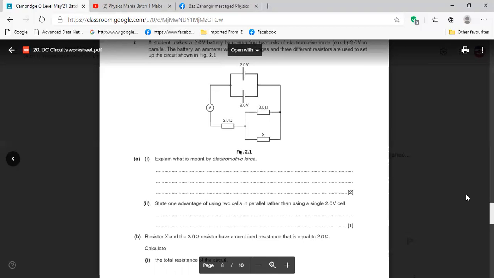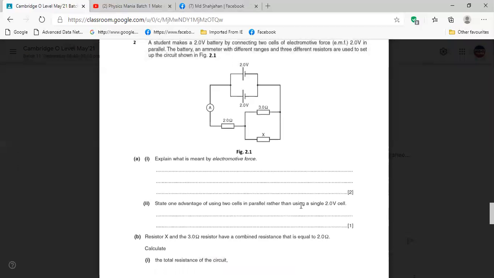Okay, 2 volt, 2 volt, 2 volt. So the total voltage is 4 volt? We have two terminals over there, and the two terminals will get the same voltage as the single cell. So it will get 2 volt only, not 1 volt, if it is parallel.